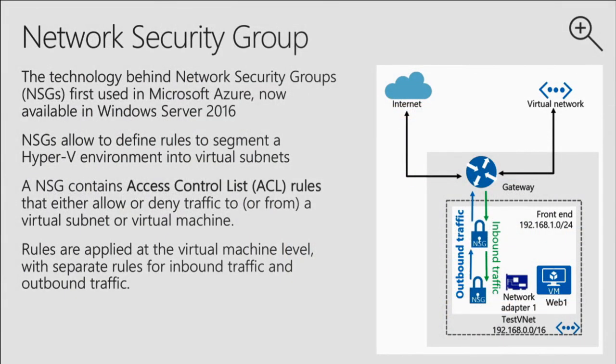Network security group is another new feature in Windows Server 2016. It was available first in Azure, and now it's available in the regular implementation of Windows Server 2016. You could implement access control list rules, so you can configure different virtual networks in a virtual environment.